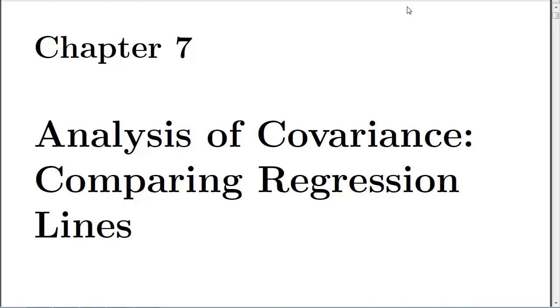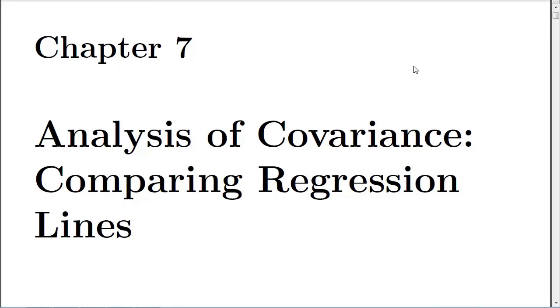So, analysis of covariance is multiple regression, where you have a numeric response variable, and as predictor variables, you have at least one continuous variable and one categorical variable.